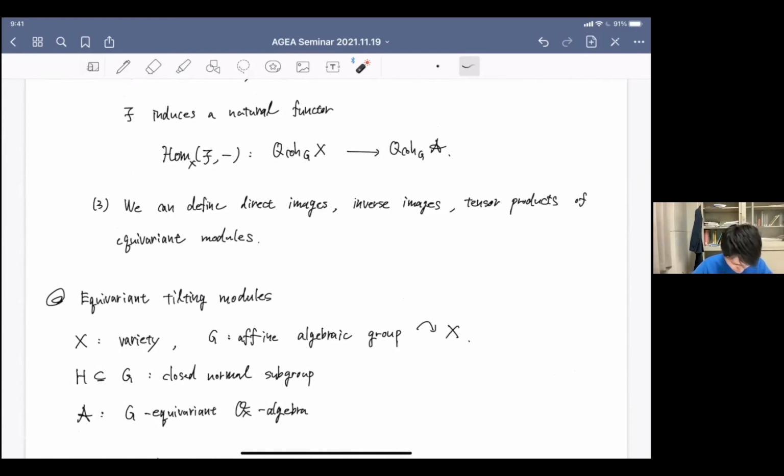So now I will introduce the definition of equivariant tilting modules.